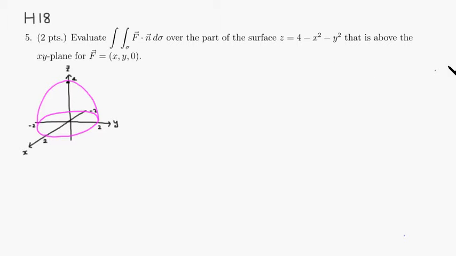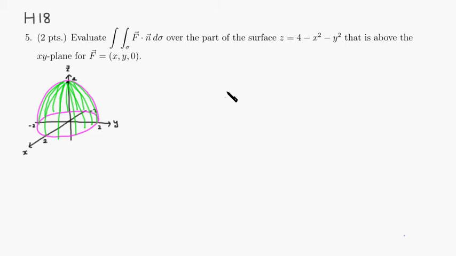So the surface we're looking at is the part of the surface here, and of course the back side too. So this is the surface.